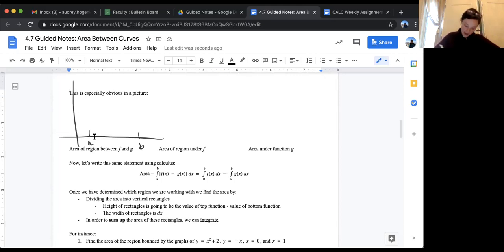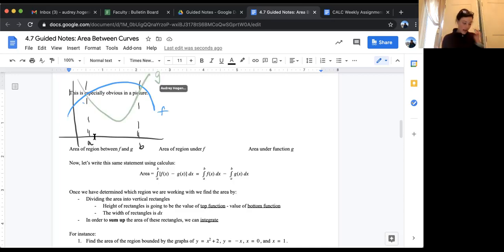So let's say that we have function, so here are our bounds, and let's say that we have function f that is going to be blue and look like a sort of parabola. Oops, that's a little too big. Let's make that a little bit smaller. So we are going to have the area under f, here's function f, and we are going to have function g, which is going to be another parabola that looks like this.